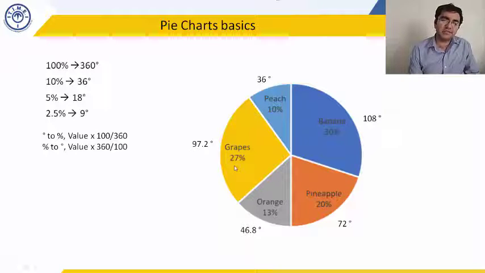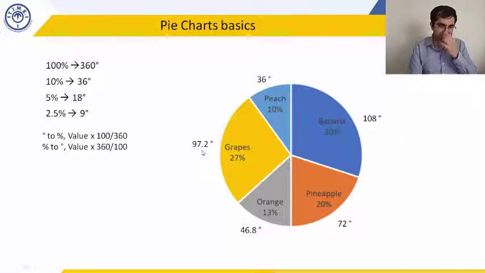So we come to 27%. What is 27%? Can I write it as 30% minus 3%? 30% corresponds to 108 degrees. 3% corresponds to 10.8 degrees. So it would be 108 minus 10.8 degrees, which is 97.2 degrees.